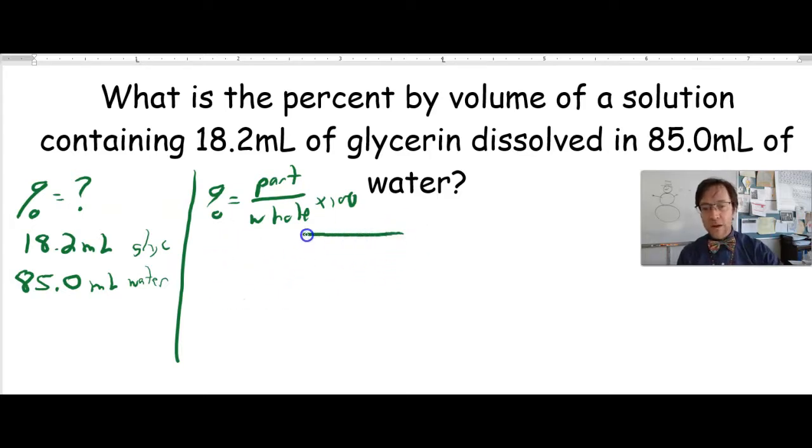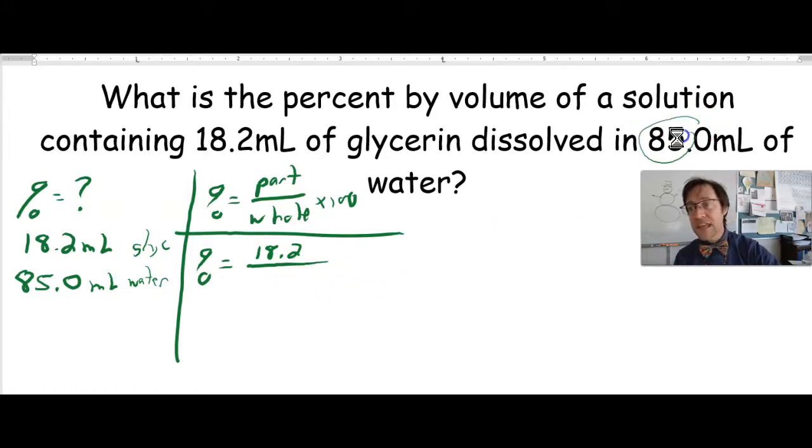So what is our percentage here? The part that we're looking for is the glycerin, obviously, because that's the little guy. So that'll be 18.2. And then we have to put the volume of the entire thing. So it's not going to be just 85, right? Because that's only the water. We want the percent volume of the whole entire thing.